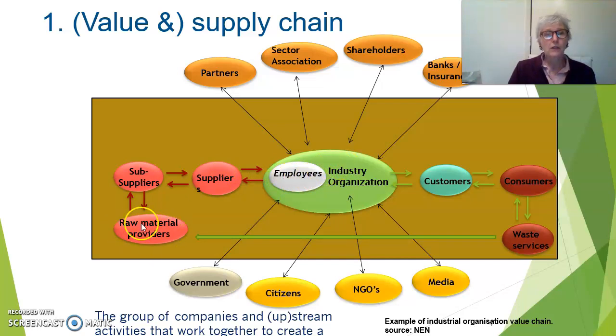It starts with raw material being provided and transported to the sub-suppliers, who select the raw material and transport it again to a supplier within a country, for example. And this supplier will transport the raw material to the industry organization, in which the transformation process transforms the raw material into finished goods for the customers, who are the end consumers.